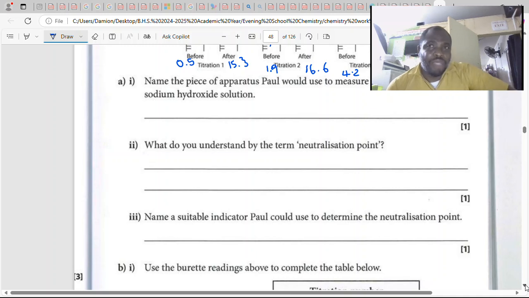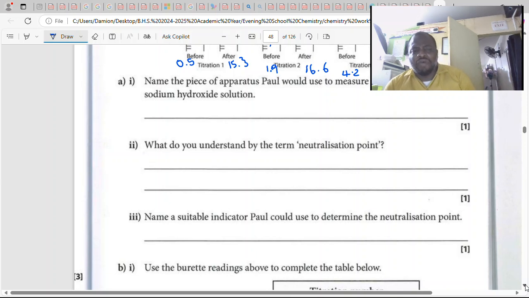So it is named based on the volume that it can pipette. But in general, in our context of CXC chemistry, when you're doing titration, we would use a 25 centimeter cube. But you do have other volumes out there in terms of the pipette.